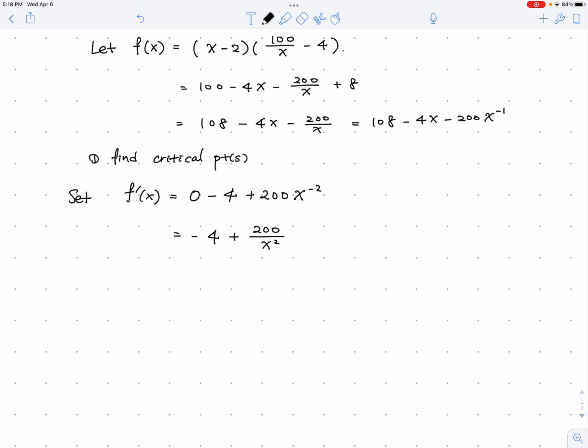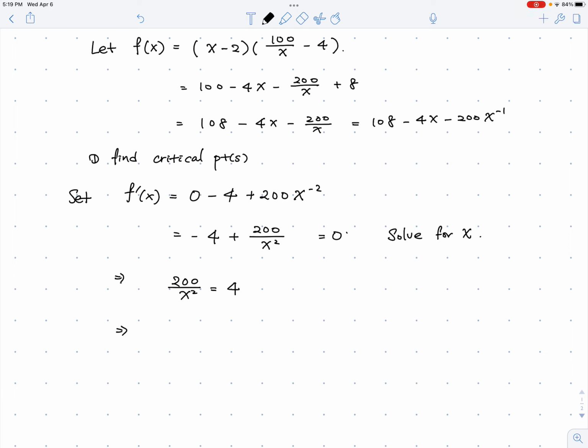So I'm going to set this f prime equal to 0 and then solve for x and see what we got. Okay, so what do we have here then is minus 200 over x squared equals 4.